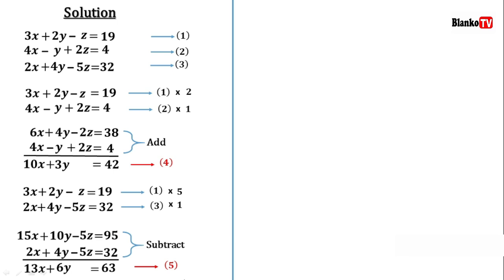I hope you understand. So we take equation 4 and then we take equation 5. Then we solve for x and then y. Okay, so we have 10x plus 3y equals 42 as equation 4, and then 13x plus 6y equals 63 as equation 5.